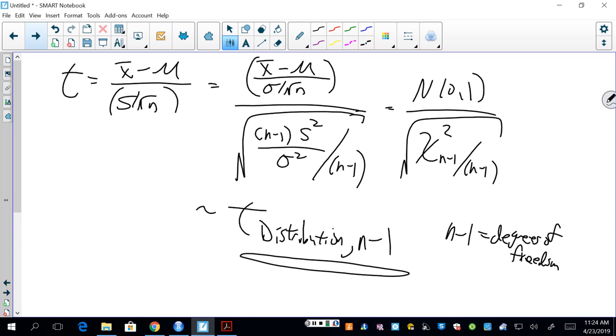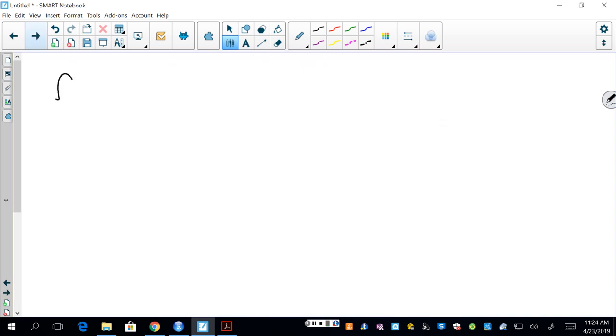You go through all the mechanisms of doing that. You can show that the probability density function for this t distribution looks like this. It's a gamma. I'll just write it up for the sake of writing it up. So this b is our degrees of freedom in this case.